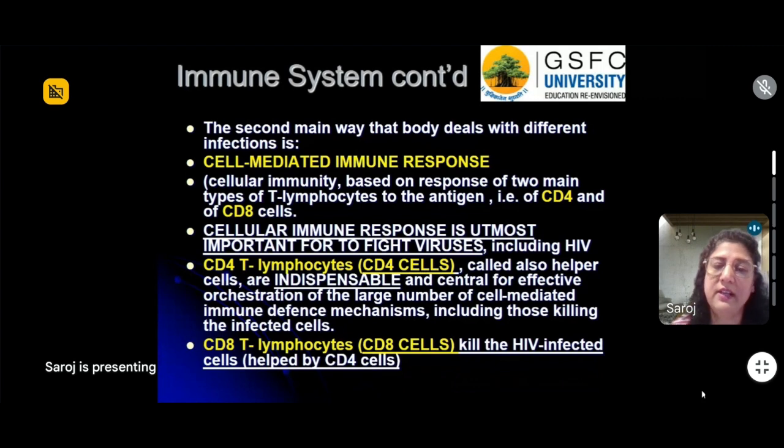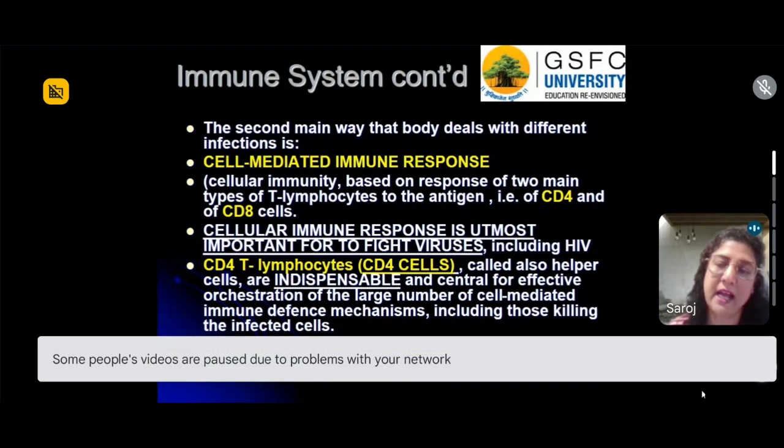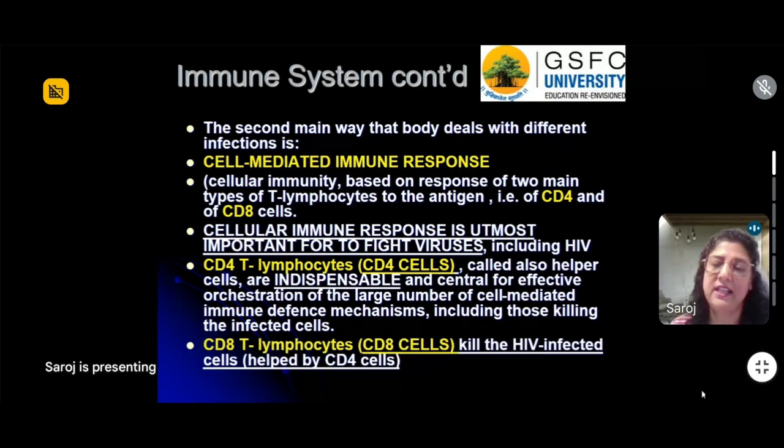The second category of T lymphocytes is the CD8 T lymphocytes, or CD8 cells. These CD8 cells are the ones which are going to be actually killing the pathogen. In this case, HIV is what we want to kill. However, as you will see later, HIV is a very brainy kind of virus. Instead of attacking any other cell, it attacks your T cells or CD4 cells. So it is sabotaging your immune system by entering the T cells and destroying them.